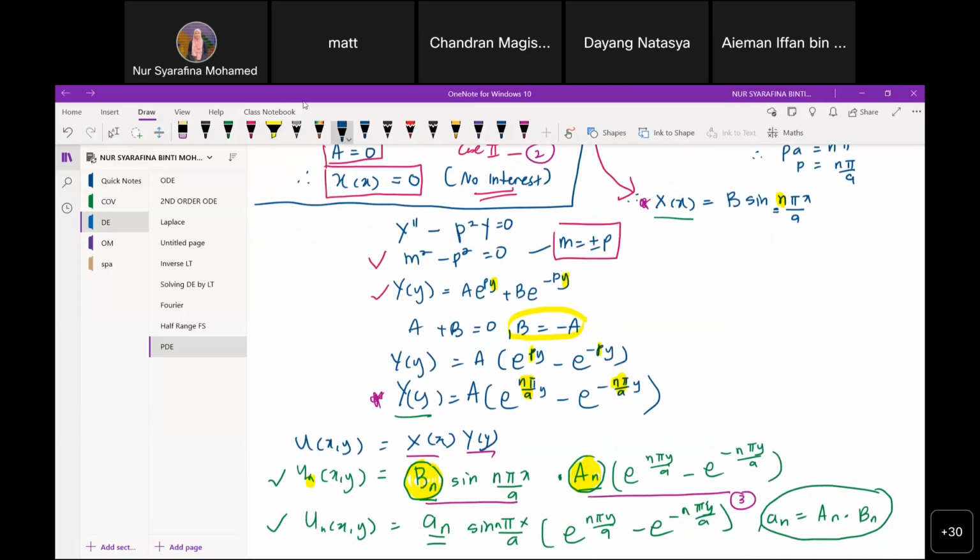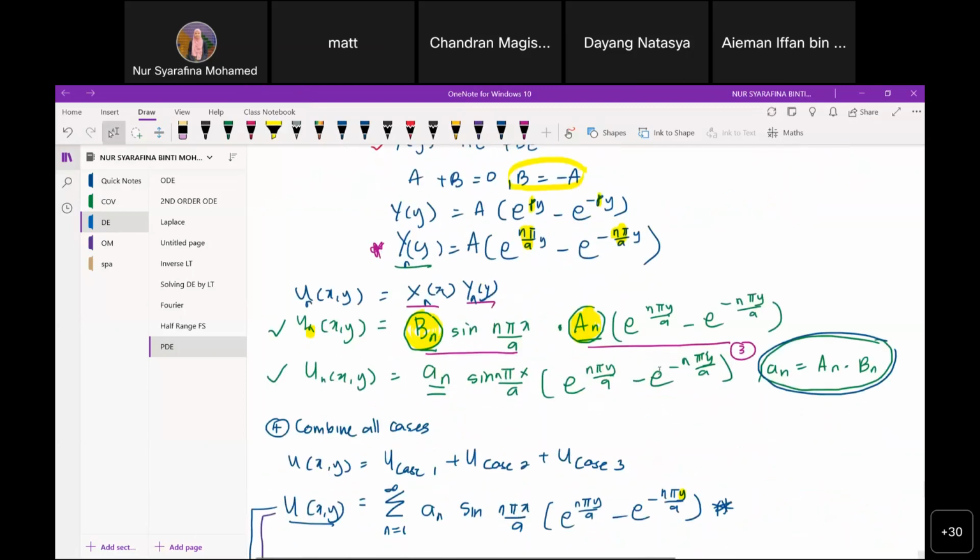Now X is b sine n pi x over a. Since we have n there, it should be Xn. Since we have n there, it should be Yn. So un equals Xn Yn. This is bn, this is an, both are constants. Then we can put another constant An, which is An equals an times bn. We just simplify the expression.